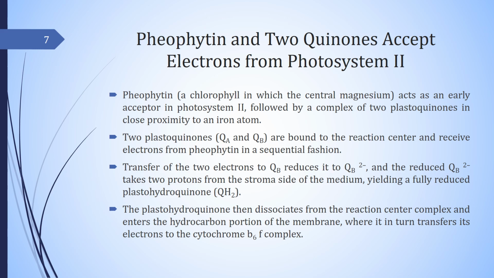The plastohydroquinone then dissociates from the reaction center complex and, because it is mobile in nature, enters the hydrocarbon portion of the membrane, where it in turn transfers its electrons to the cytochrome B6F complex. Unlike the large protein complexes of the thylakoid membrane, hydroquinone is a small, non-polar molecule that diffuses readily in the non-polar core of the membrane bilayer.